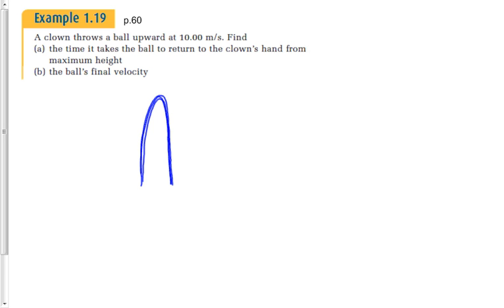What do we got here? Initial velocity of 10. Is that right? A is negative 9.81. Yep. Oh, okay.